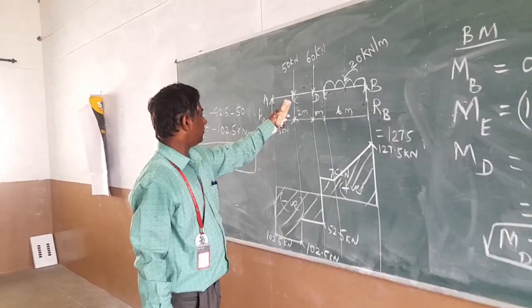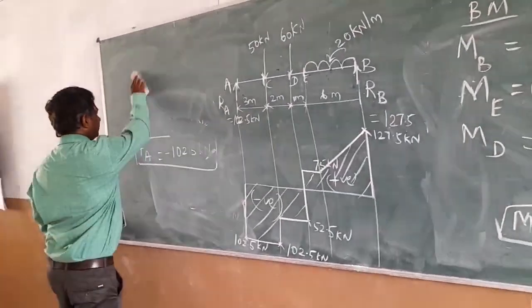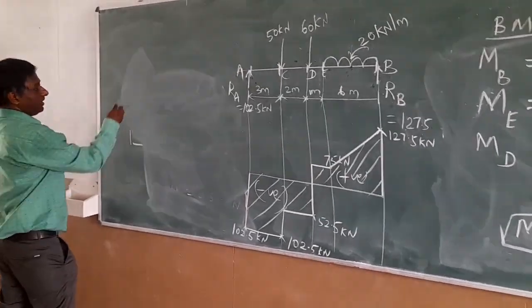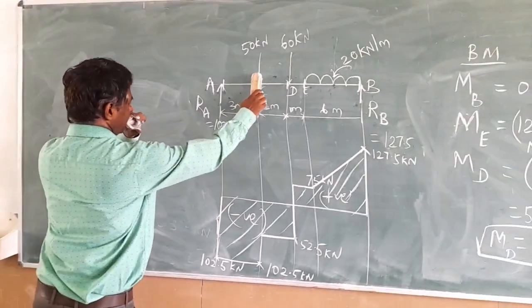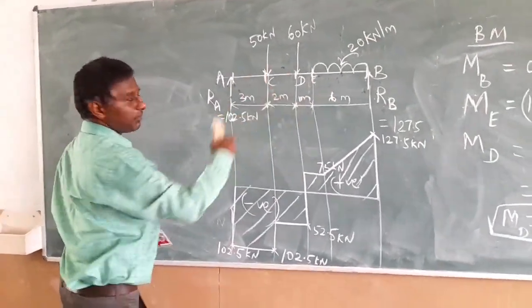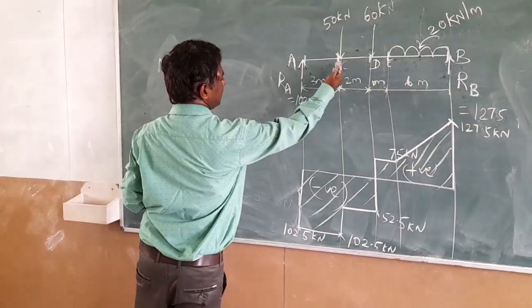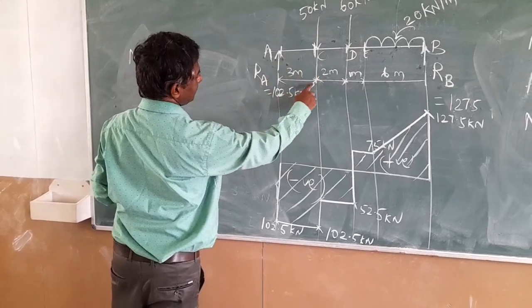Next, we have to find the bending moment at the point C. MC, same, consider the left side. Otherwise, if you go for the right side, you have a number of loads and it takes more time. So if you consider the left side, only one load, RA, upward force, and the distance is 3 meter.